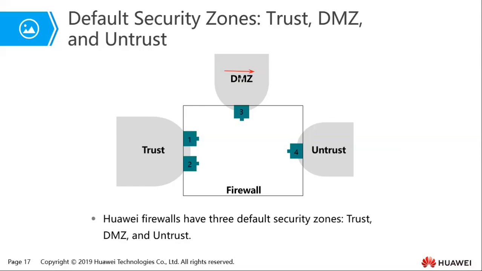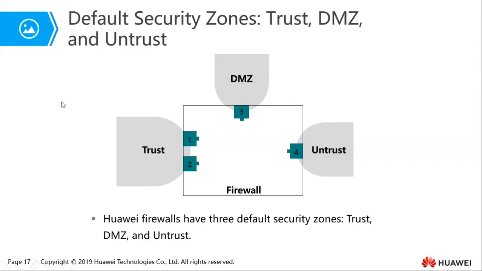So we don't have very strict military control, but the military are also doing some operations there. So that's what we call the demilitarized zone in the military. But when it comes to communication, at the demilitarized zone, this is where we put servers which we want to be accessed from our internal network and also from the external network, that is the internet.